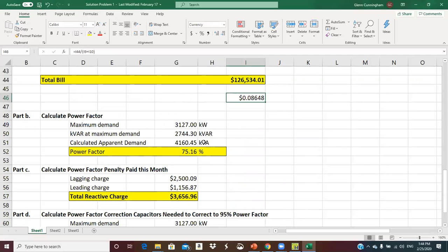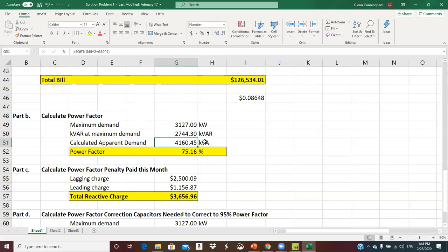Now, power factor. So the apparent power, this is the hypotenuse of the triangle, right? So the kW is up here, and the kVA is this side, which is apparent power. And of course, that's the reactive side over there, which is the 2744. And so you just do Pythagoras, square those two, add them together, take the square root.